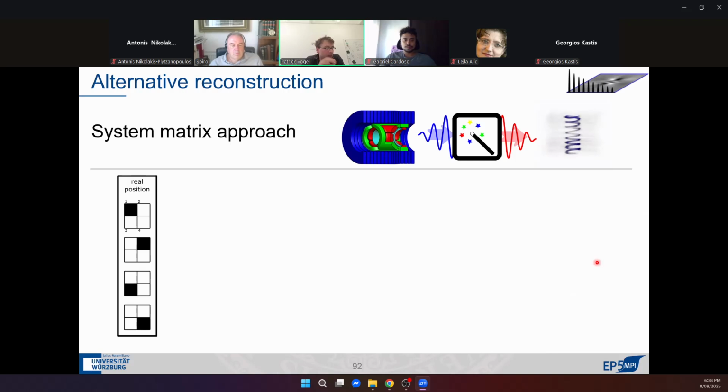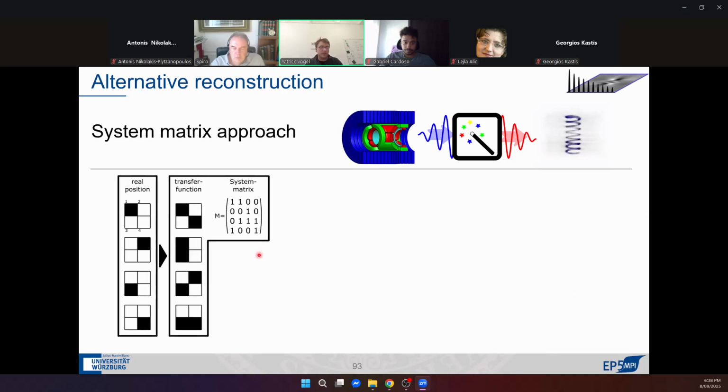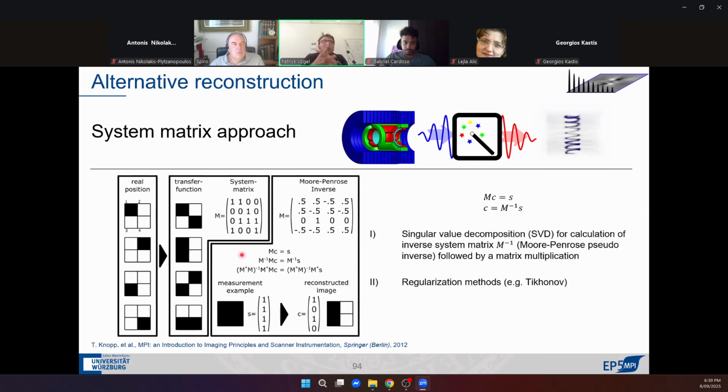Then for each of the positions in your scanner, you acquire a signal, and you put the signals for all the positions into a so-called system matrix. The only thing you have to do then is to calculate an inverse of this system matrix, and then you can solve your signal problem. And that's it. So this is the basic idea.